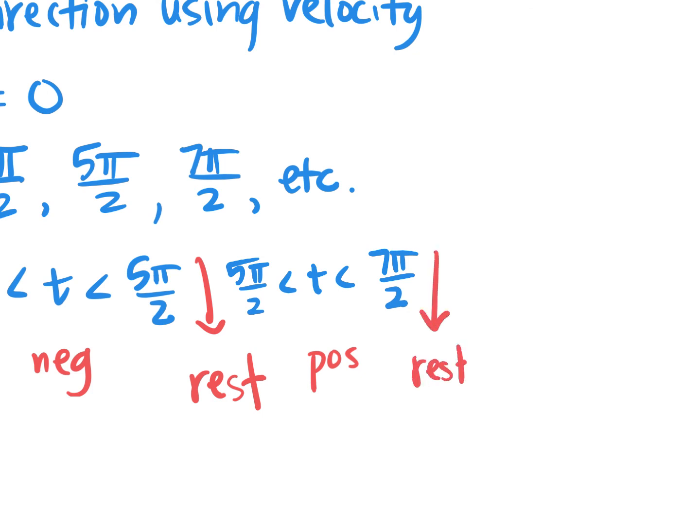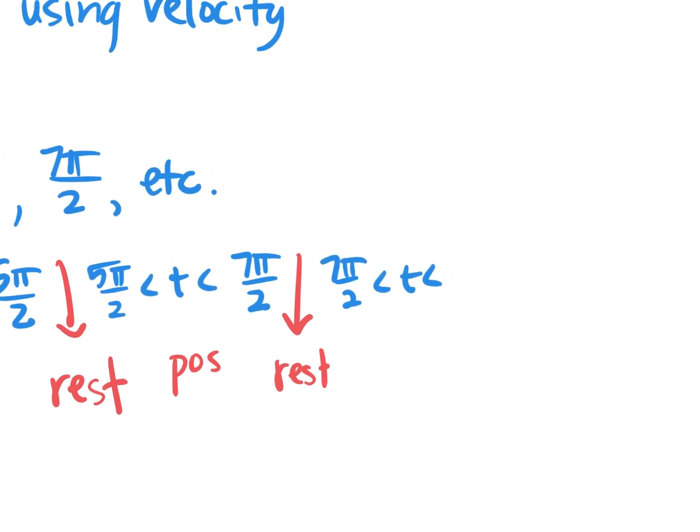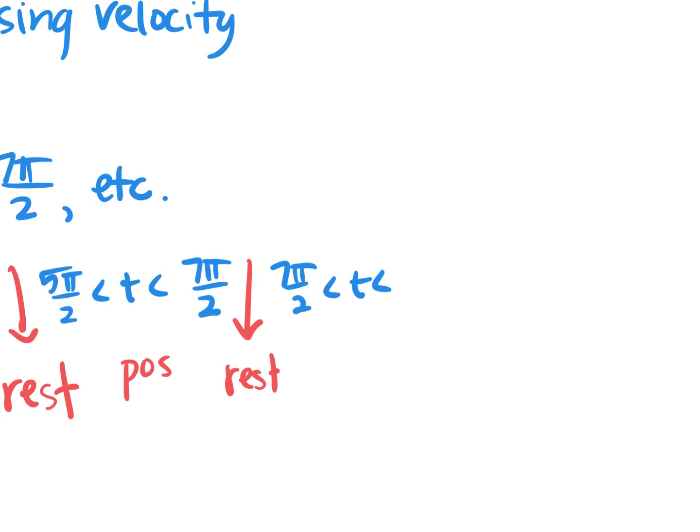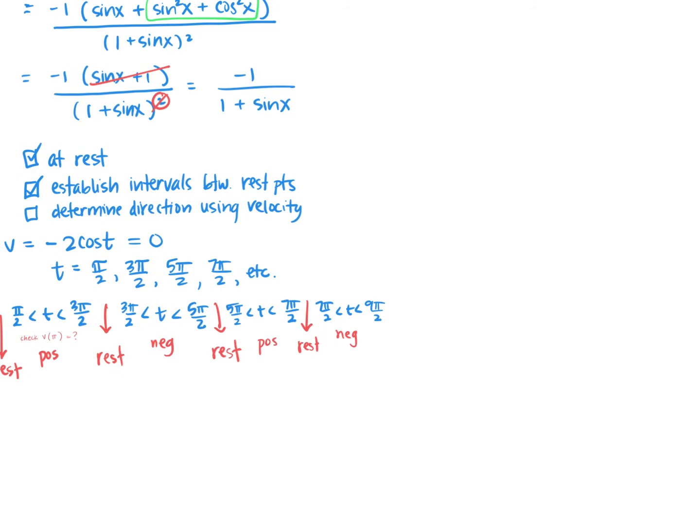And then I could predict the next one's going to go from 7 pi halves to what would be the next stopping point? 9 pi halves. And what would happen in that interval? What kind of motion would I have? Negative, okay? So you could, but usually you'll get a closed interval so that you only have to go a certain amount. Okay, anybody else?